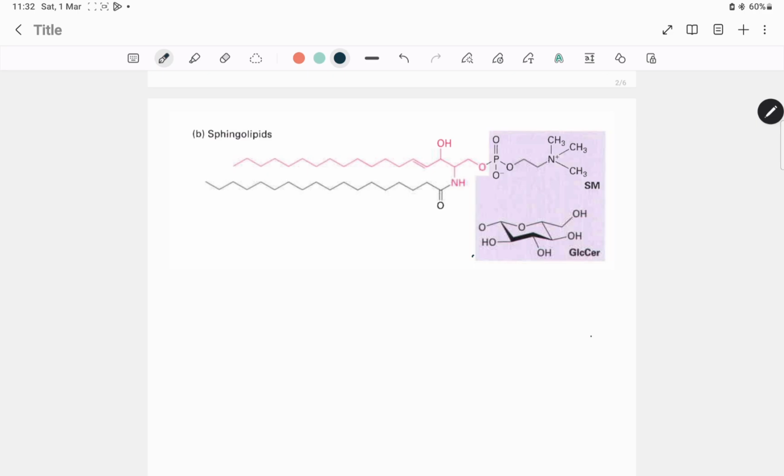Now we will discuss another type of membrane lipids called sphingolipids. Here two examples of sphingolipids are given. They are SM, or sphingomyelin, and GLC-CER.